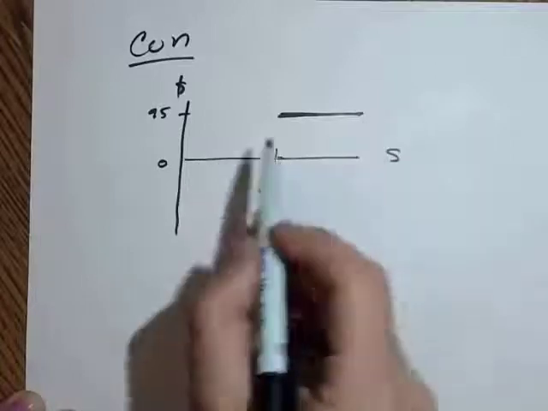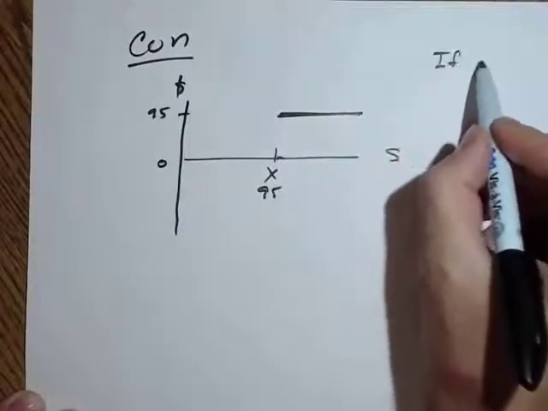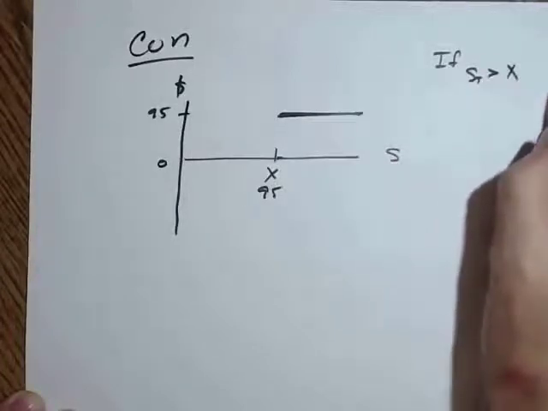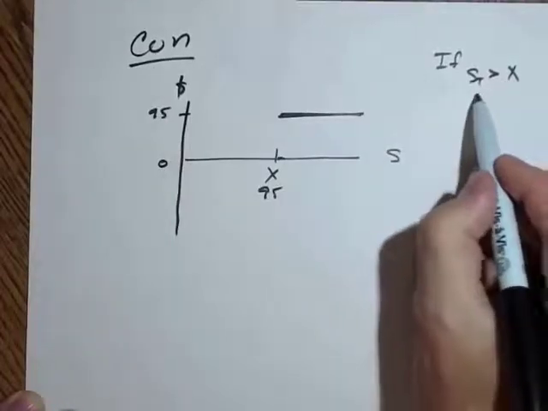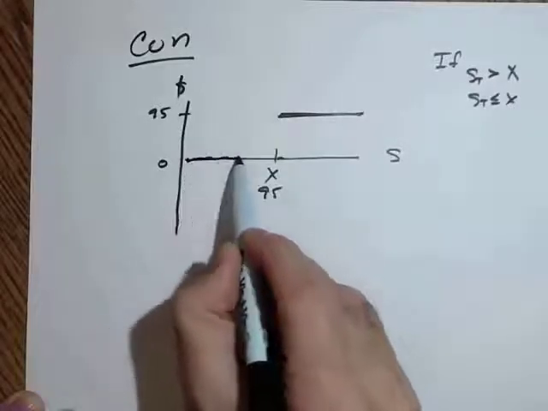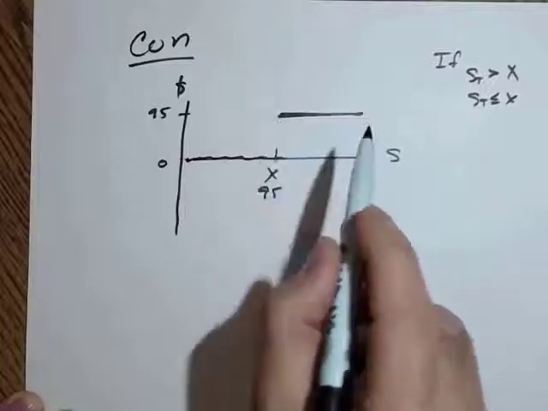The payoff will be 0 if it's less than. So if the stock price is greater than X, we'll get X for the long cash or nothing option, and if ST is less than or equal to X, you get nothing, which is right here. So again, a discontinuous payoff, but instead of an upward sloping line, it's a flat line.